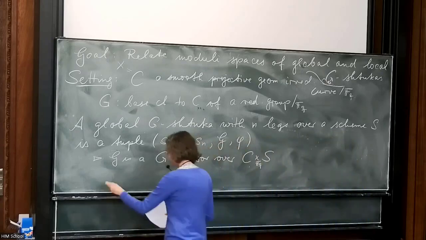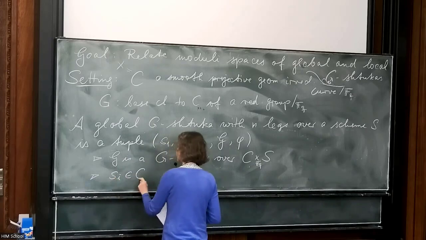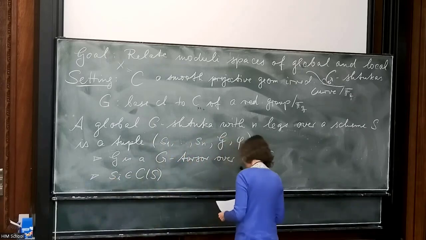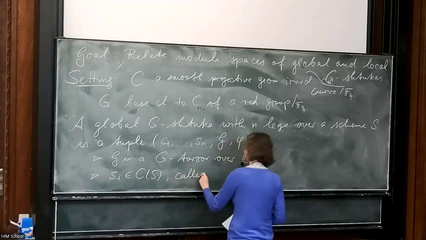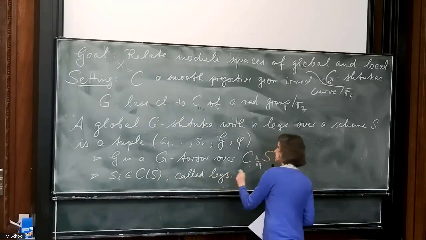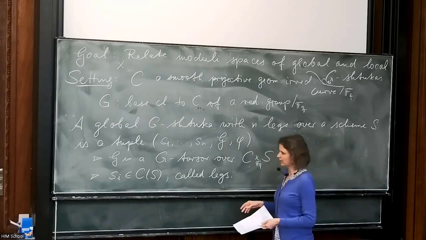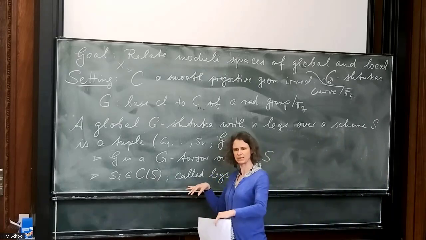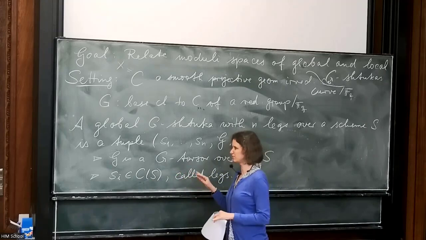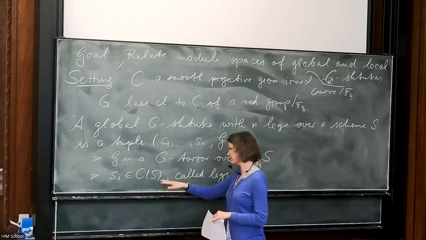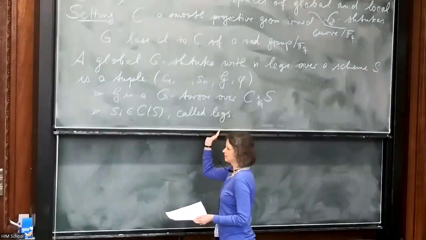Then these s_i are the legs, so the s_i are all S-valued points of my curve. They're called legs. And we saw in her talks that there's a difference in behavior depending on whether these legs are pairwise distinct or not. As soon as I do anything with these global G-Shtukas, we will always be in the situation where these legs are distinct. But for the moment, they can be anything.